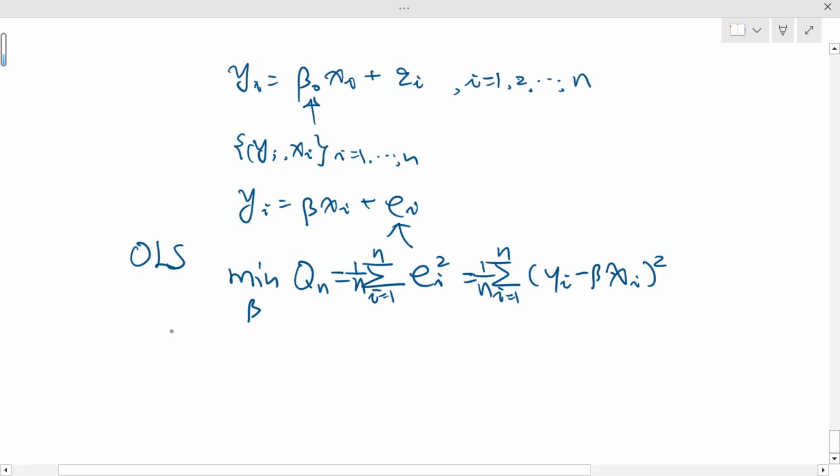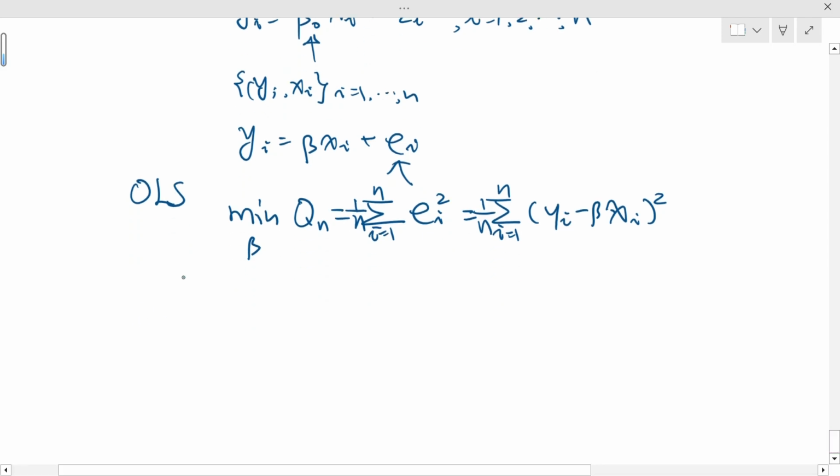Under our regularity assumptions, we can show that our estimator, let's call it beta hat, the OLS estimator, converges in probability to the true, unobserved value. In particular, we assume that the error term epsilon i is uncorrelated with xi.